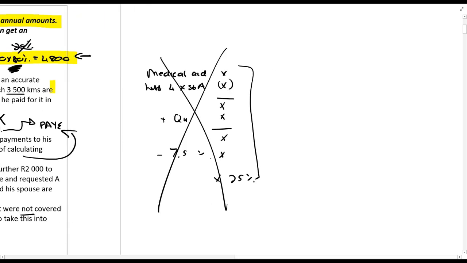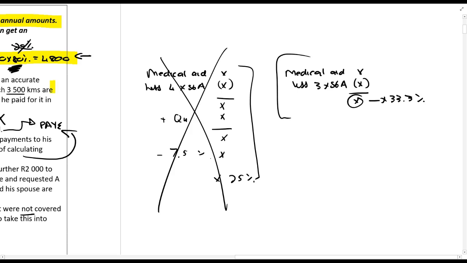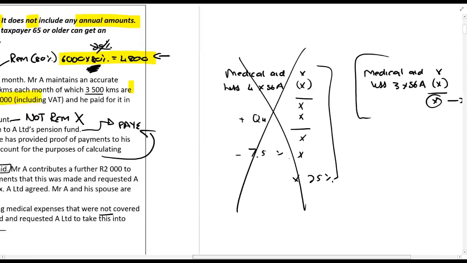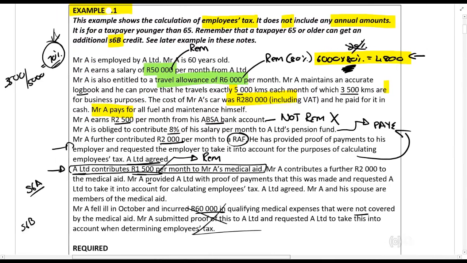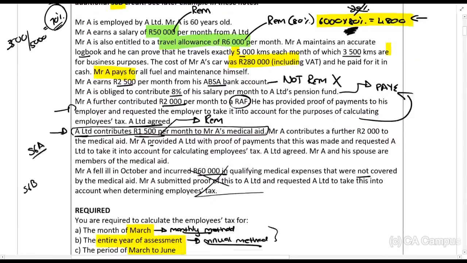If the employee was 65 or older, then the calculation would be the medical aid less 3 times Section 6A, and that amount times 33.3%. If the employee is 65 or older, this part of the calculation the employer can take into account for pay as you earn. But it's only for those employees.